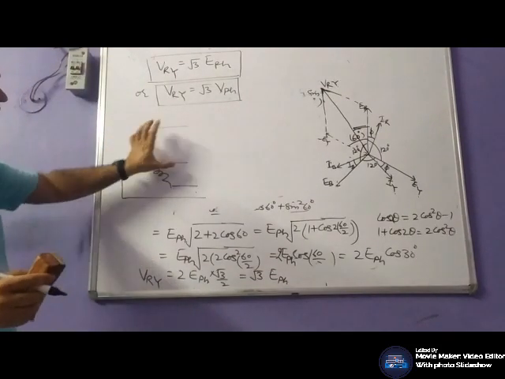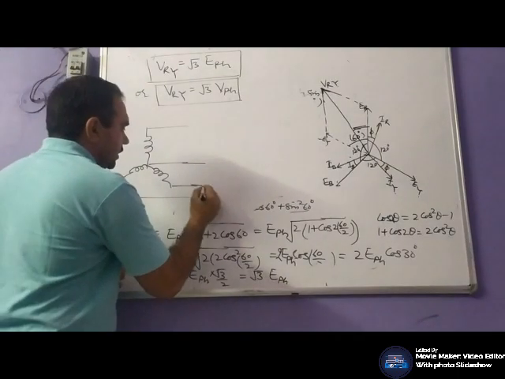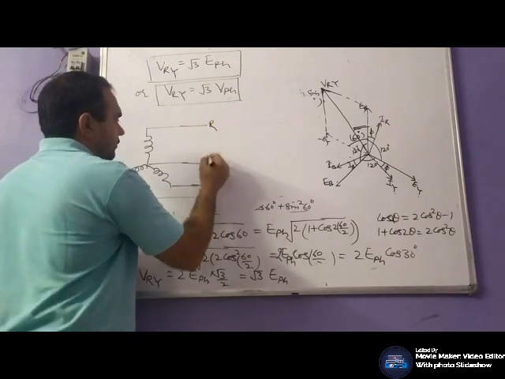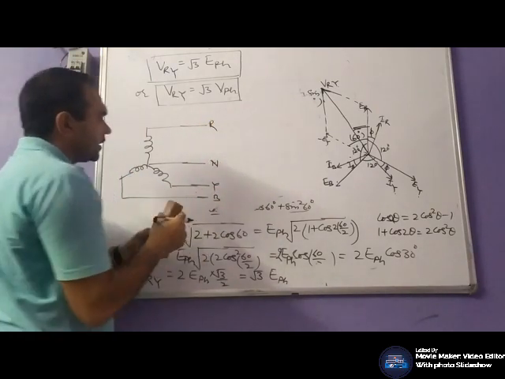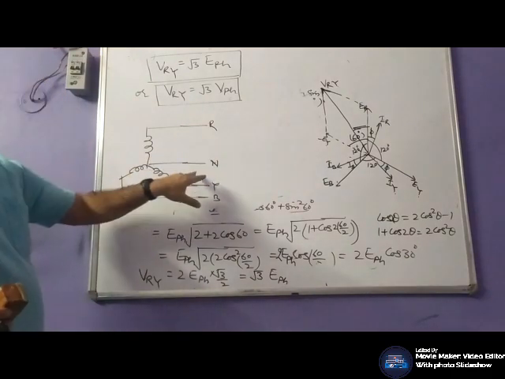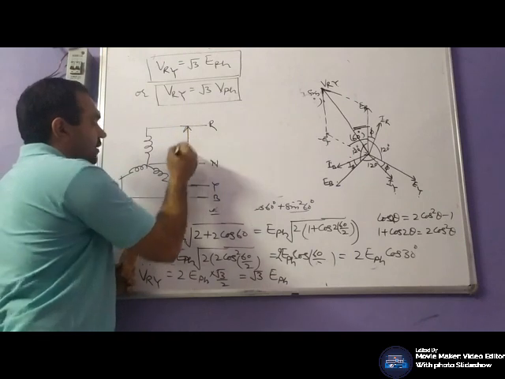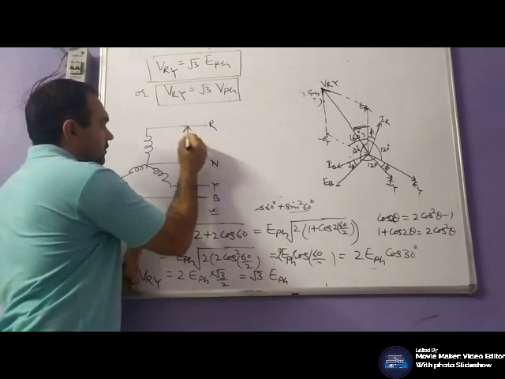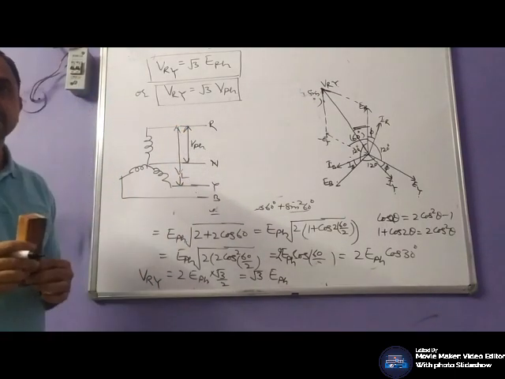It has 3 coils and you get 4 wires. Some consumers may have one phase and neutral, some get all 3 phases and neutral. Between phase and neutral you get phase voltage. Between lines you have line voltage.